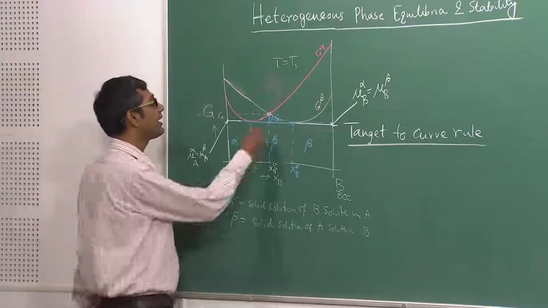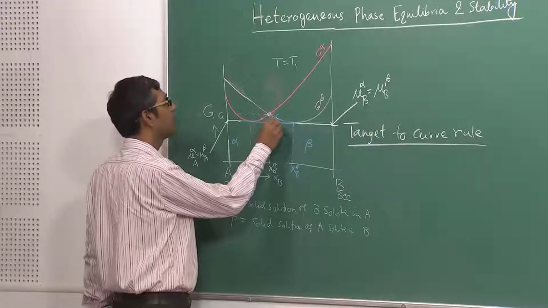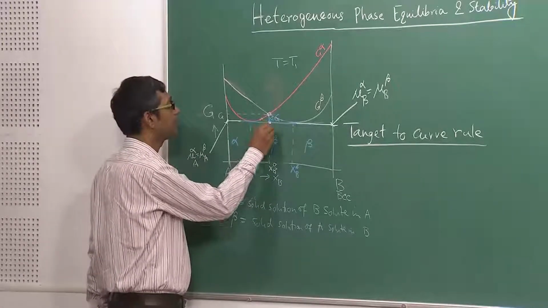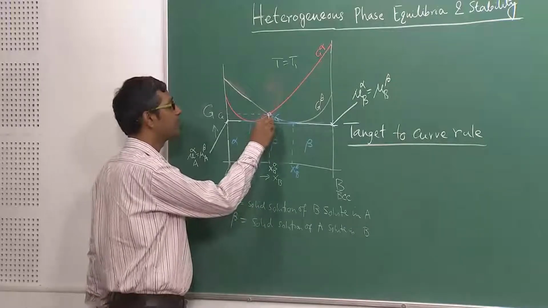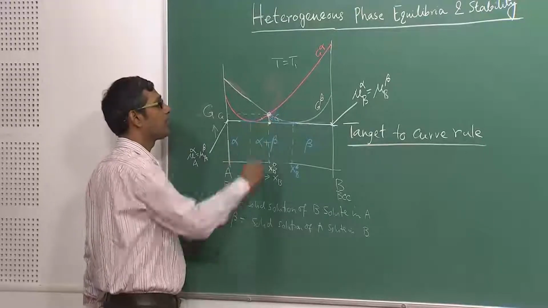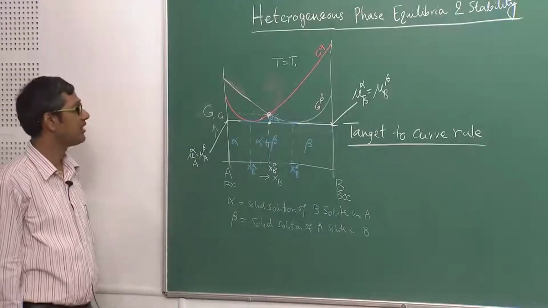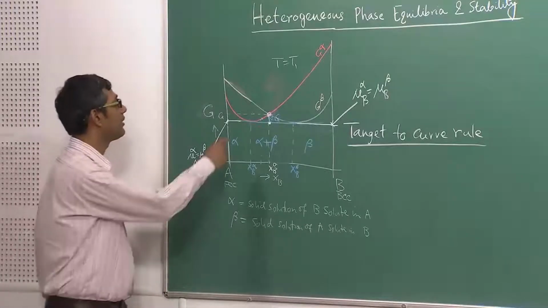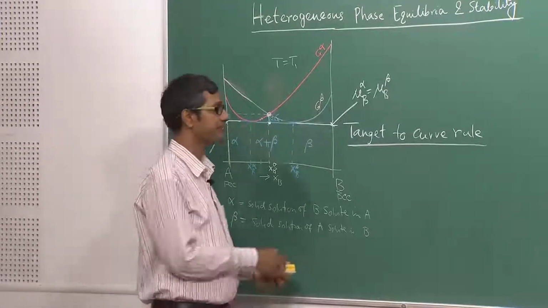So it's very clear, if I draw that common tangent, I reduce the free energy further from this point to this point. This is my free energy of the mixture now. So the free energy of the mixture is lower than the free energy given by this crossover point by delta G, and this is possible only by decomposition, forming these two solid solutions.